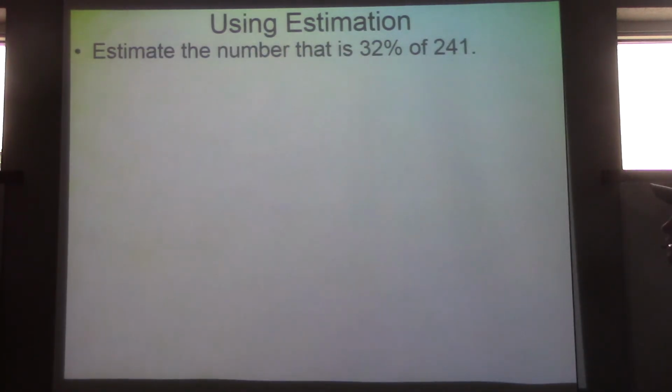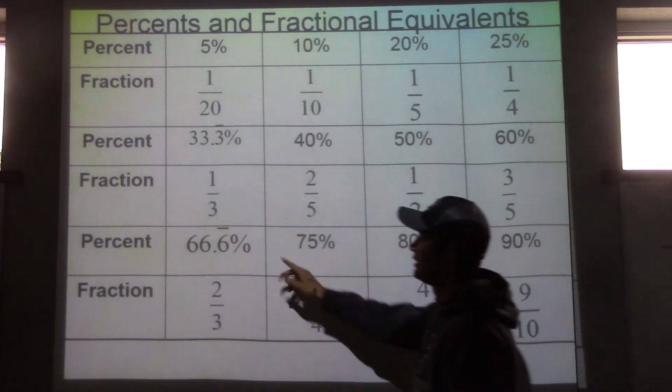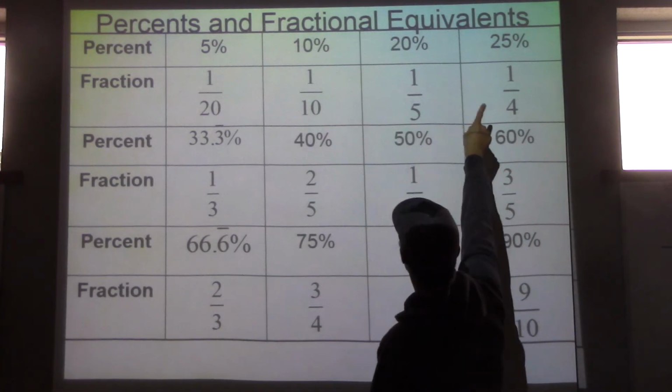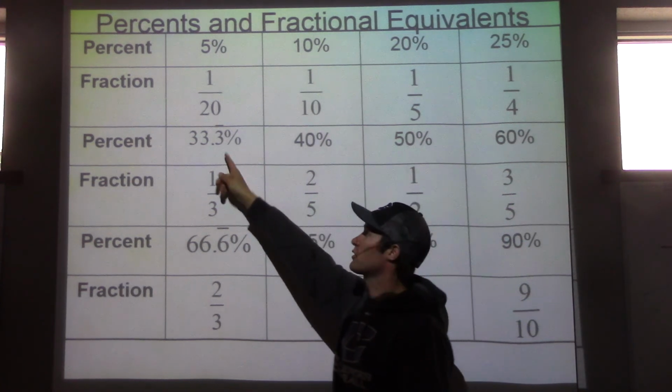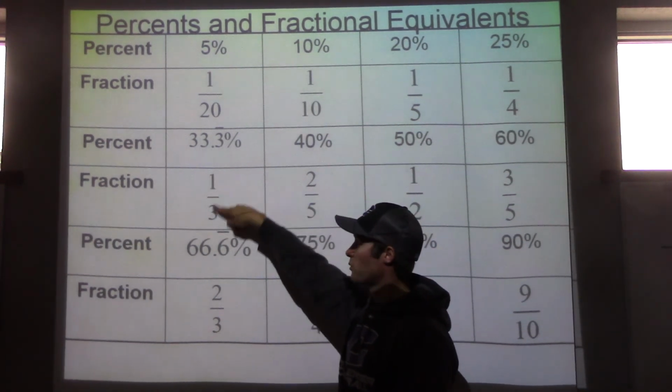For example, estimate the number that is 32% of 241. What percent is this close to on the chart? 32%. We have 25%, 33%. It's closest to 33%, which is 1/3.